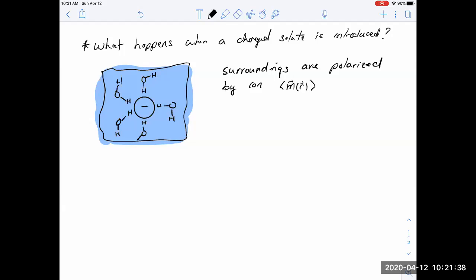So we can denote that dipole in the presence of the ion with our brackets with a subscript ion. That average is no longer going to be 0. And because of the field generated by that ion, and subsequently polarization of the dipoles, the potential energy of the system is going to change. And in general, the energy is lowered. It is favorable for that polarizable solvent to interact with the ion, often by a significant amount.